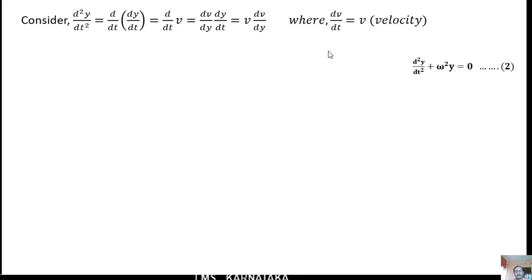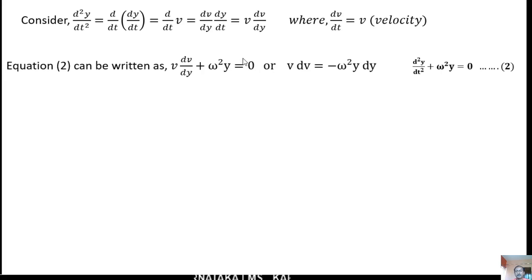Now from equation 2 we can write d square y by dt square plus omega square y equals 0. This is the differential form of the simple harmonic motion equation. Here you can substitute the value of d square y by dt square, that is v into dv by dy.